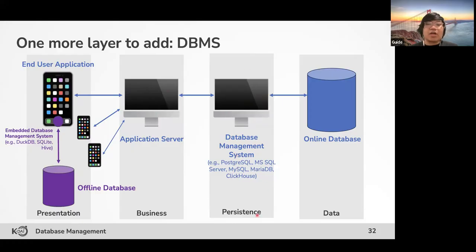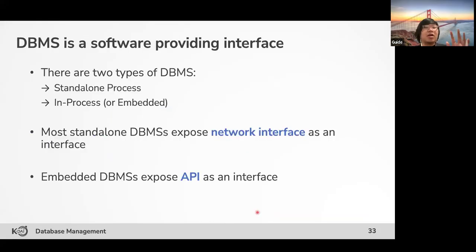And we have a new layer called the persistence layer. The DBMS will help you do all those tasks. You only need to specify commands, APIs, in order to make them do those tasks for you. So a DBMS is basically software doing database management tasks.